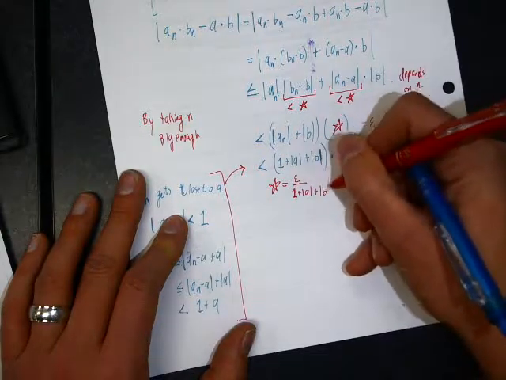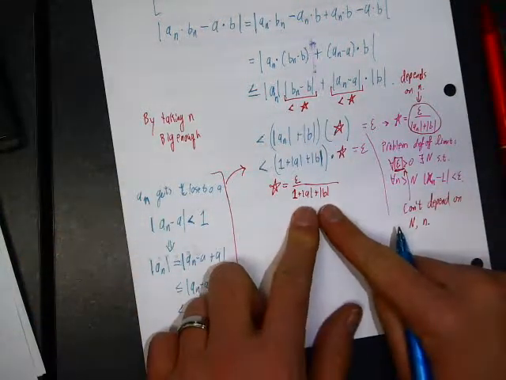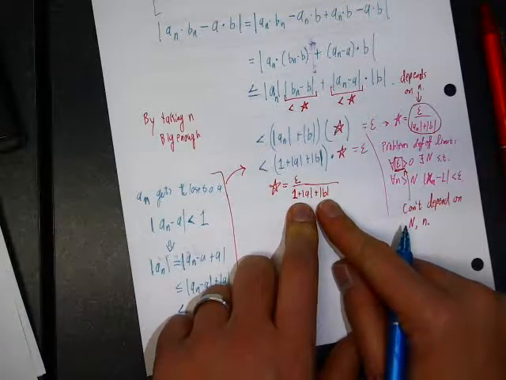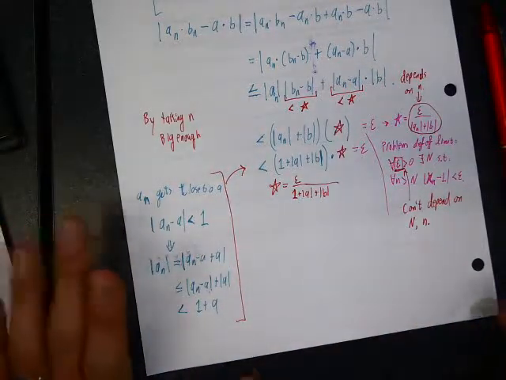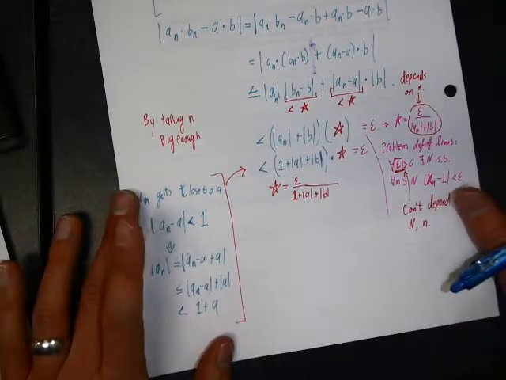There are no more n's there. This is now a reasonable thing to put in place of this star. So I now know everything that I think I should need. Let's look at all of the bounds that I need to handle this.